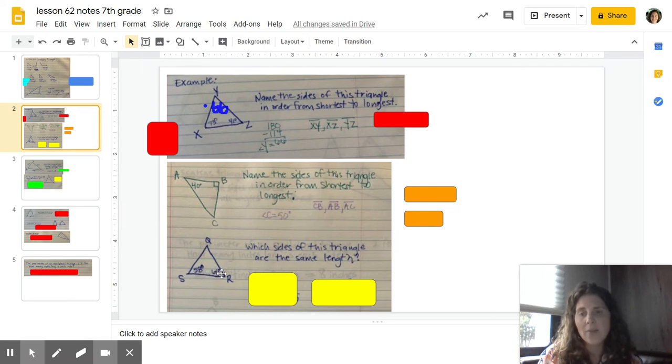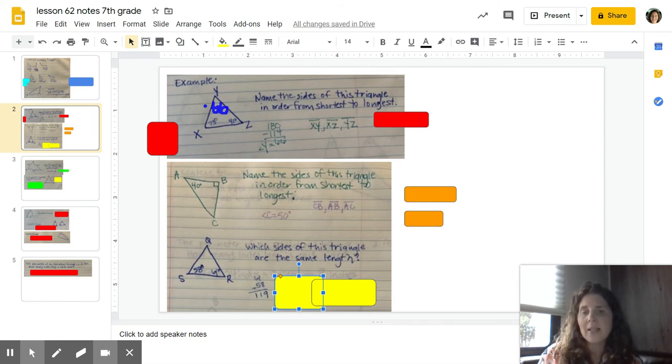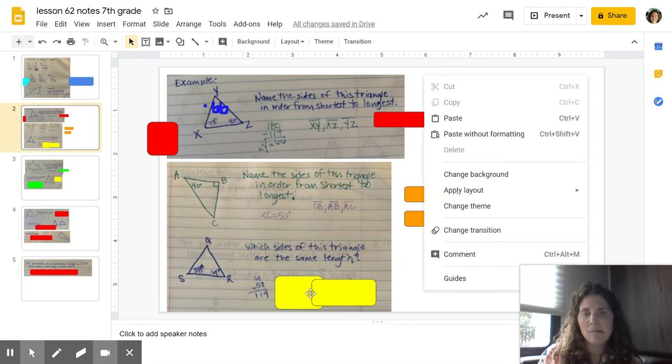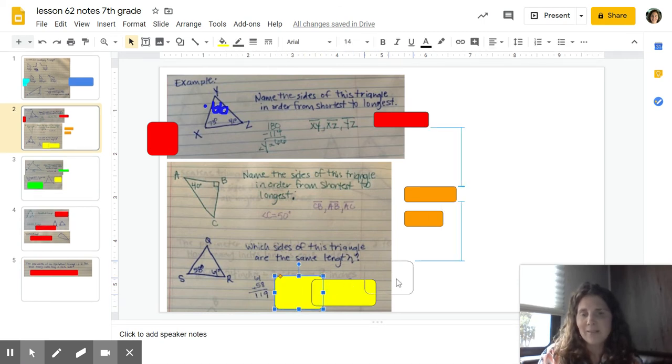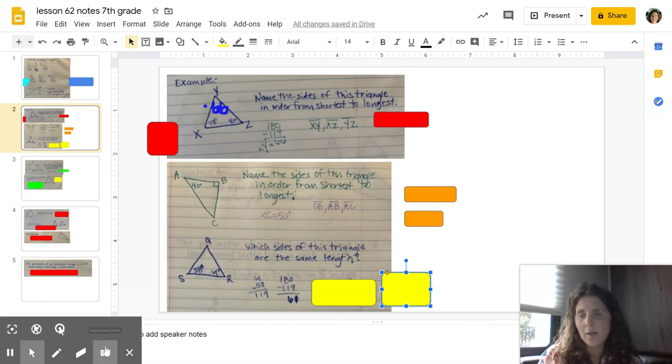So if I add those and then take it away from 180, I get 119, and I take it away from 180, I get 61. Okay, so that means Q is 61.